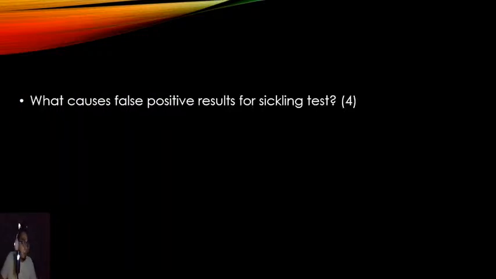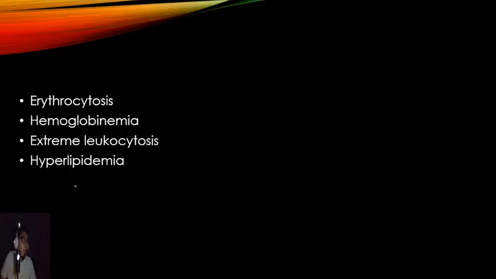Now, false positives this time is going to include the following causes. Mainly, this is related to the patient's condition. It's either the patient is suffering from erythrocytosis, increased RBCs, all right, hemoglobinemia, all right.